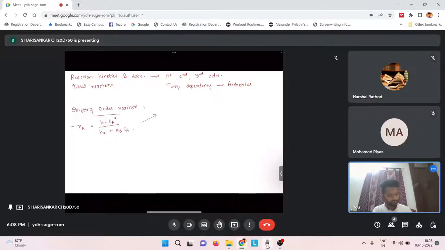Now there are two cases to this. Let's say case 1, the concentration Ca is very low. And case 2, the opposite, concentration Ca is very high.